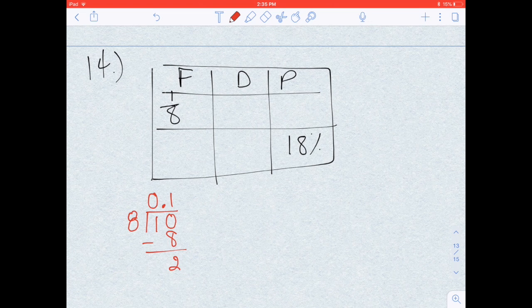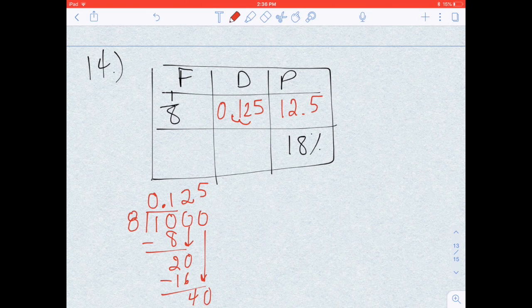Subtract 2. 8 fits into, bring my 0 down. 8 fits into 20 2 times. 4. Bring another 0 down. 8 fits into 40 5 times, and then I'm done. So 0.125. For a percent, remember I always move my decimal over 2 times. 12.5%.